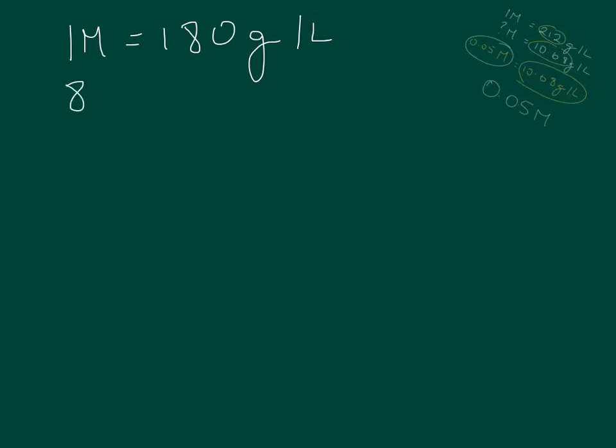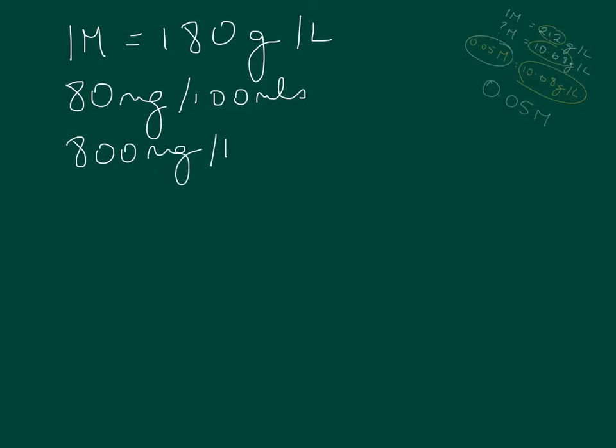So if I have 80 milligrams in 100 mils, in a litre, or 1,000 mils, it'd be 800 milligrams. That's the same as saying 0.8 grams per litre. So the question is, what's the molarity of 0.8 grams per litre?